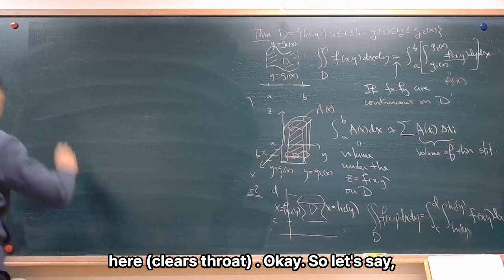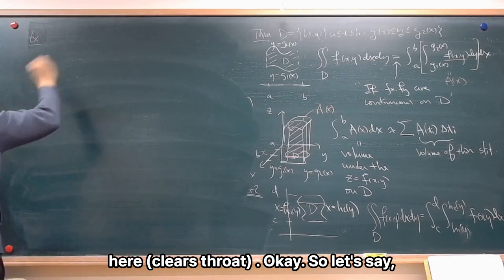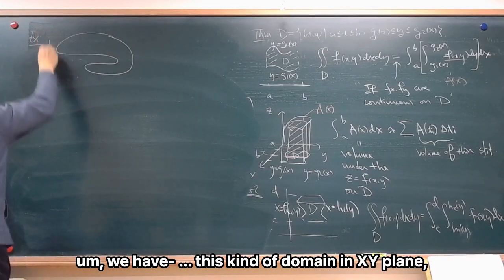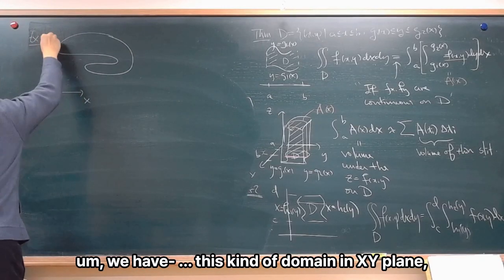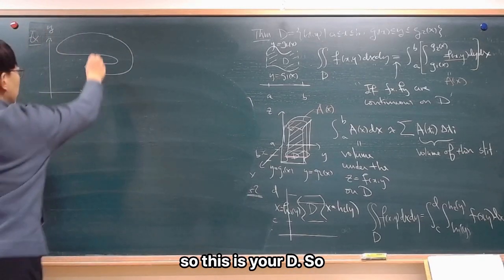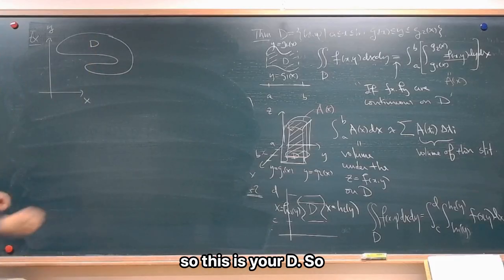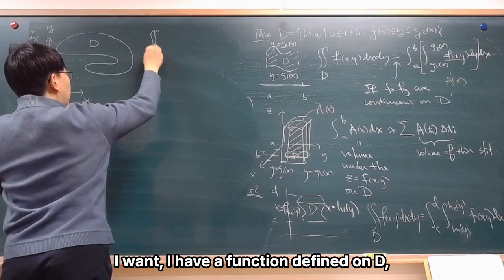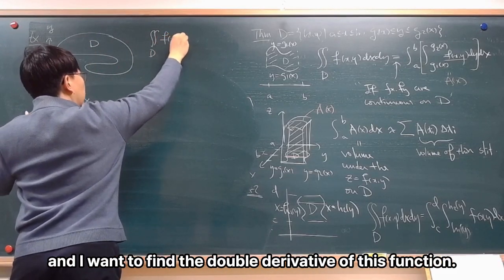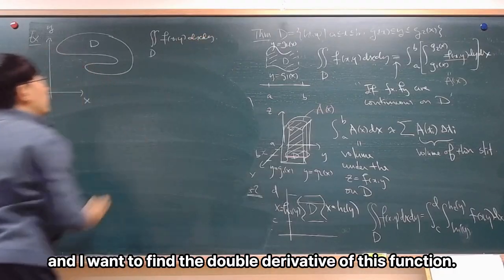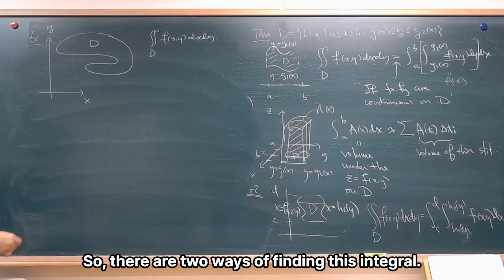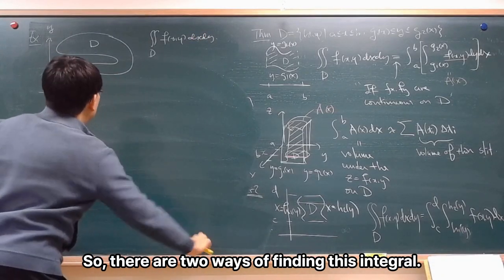Okay, so let's say we have this kind of domain in the xy plane. So this is your D. I have a function defined on D, and I want to find the double integral of this function. There are two ways of finding this integral.